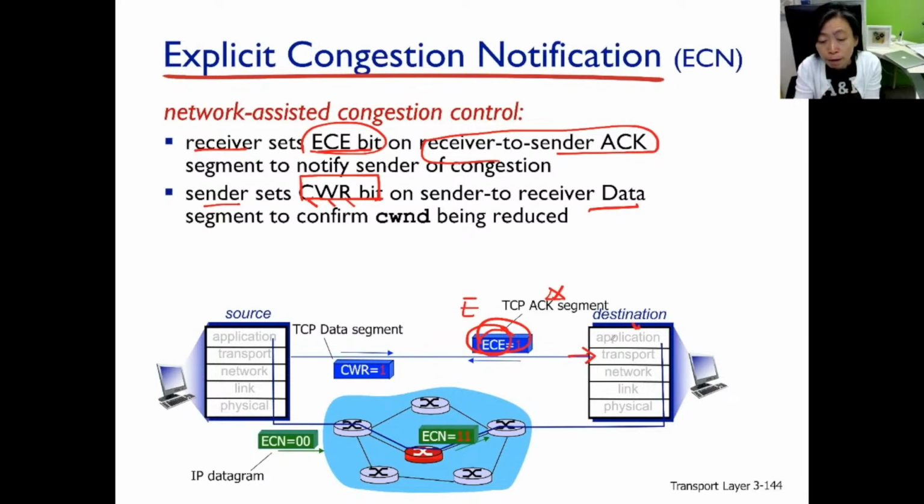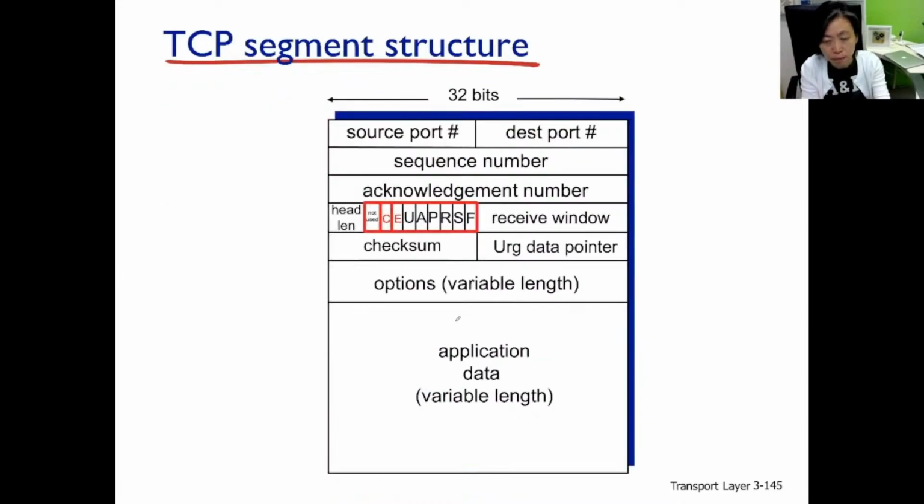Therefore the receiver does not need to send the ECE bit again. Otherwise, the source is going to reduce its sending rate again and again. The E flag and the C flag are in fact in the TCP packet header, along with all these other flags for TCP.